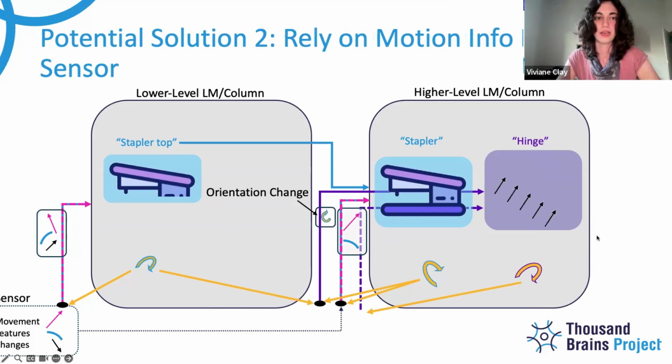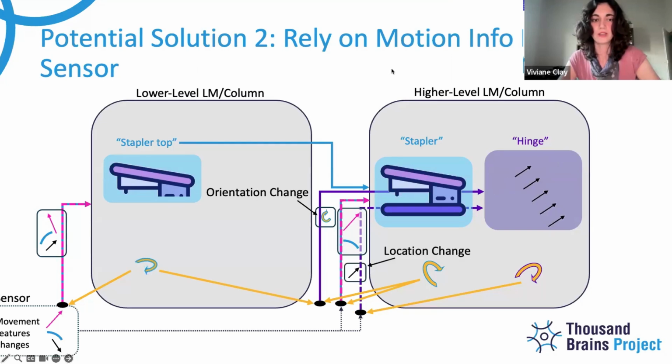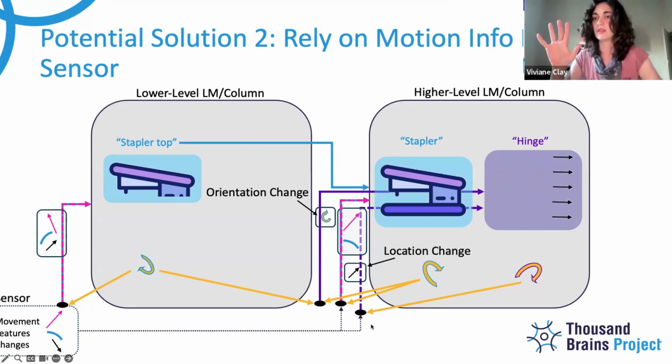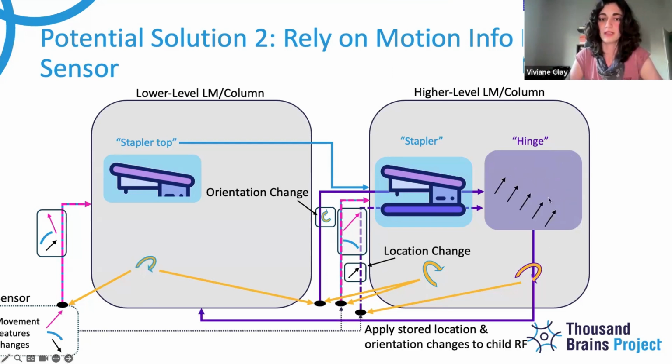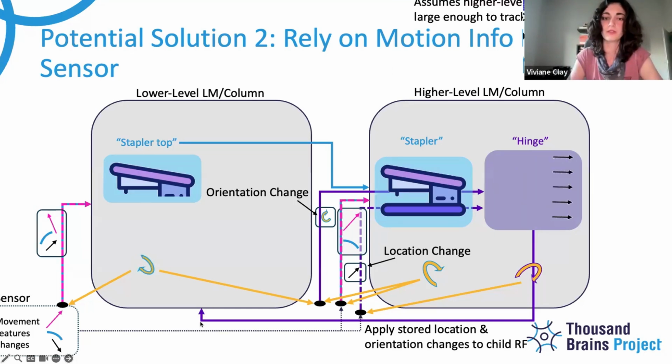So the second idea would be instead to rely on motion information from the sensor. So basically, this higher level module still gets the direct sensory input, and that sensory input will also communicate movement in the sensor's receptive field. And that kind of optic flow could inform location changes up here. And then those optic flow location changes could be applied to the child object's reference frame.